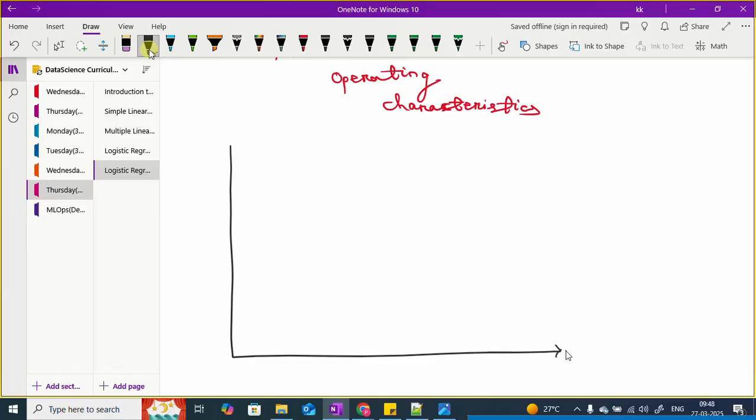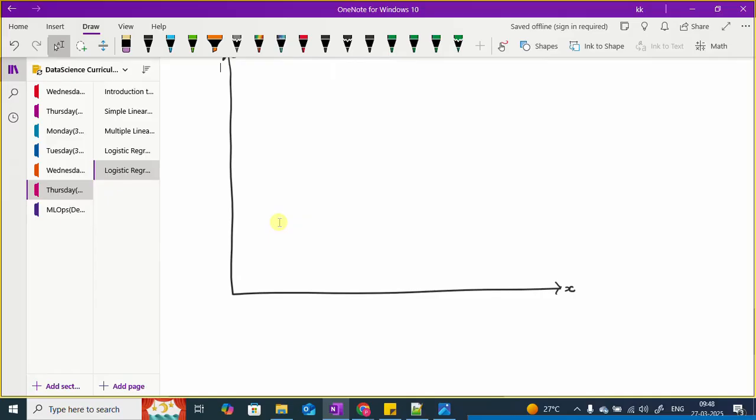let's say this is my x axis and this is my y axis. On the x axis, I'm taking one important parameter called the false positive rate, that is FPR.